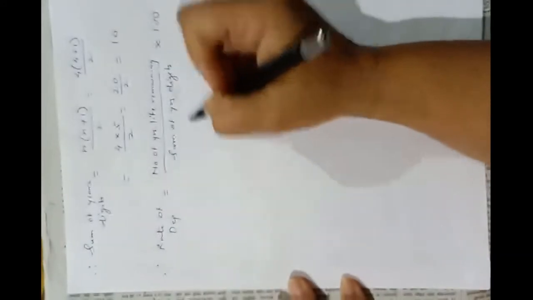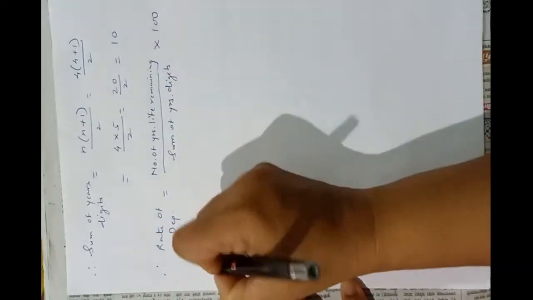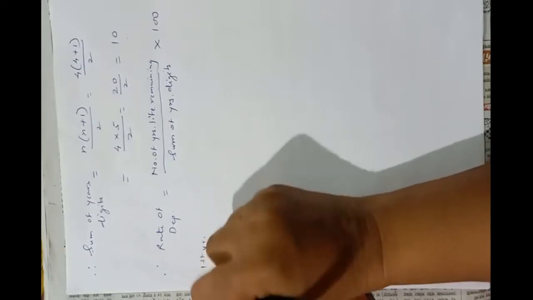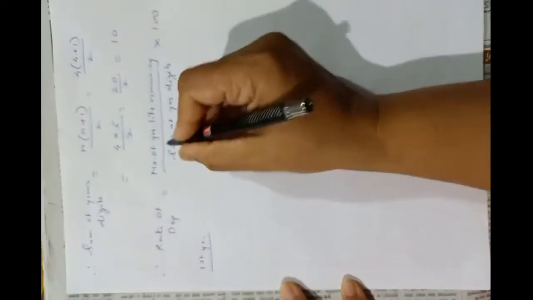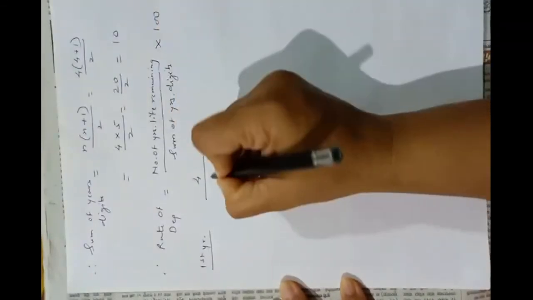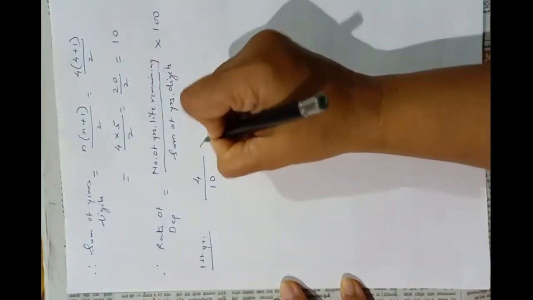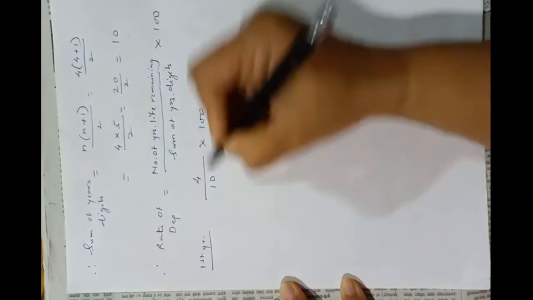So to calculate the rate of depreciation, number of years life remaining upon sum of years digits into 100. Understood? So for the first year, number of years life remaining 4 upon sum of years digits 10 into 100, so that we will get the rate.